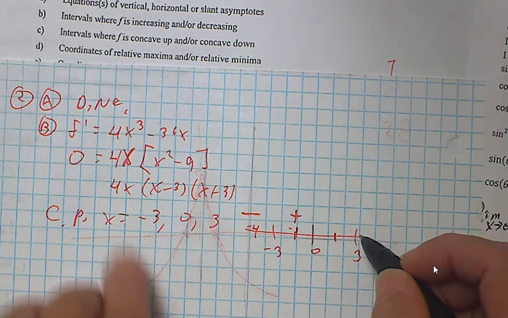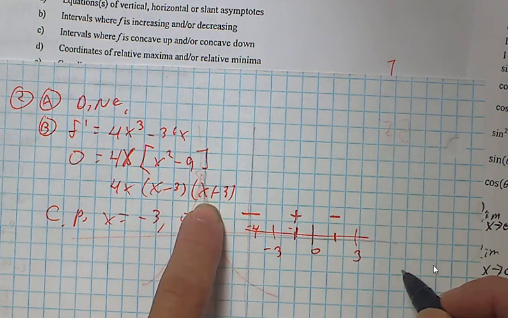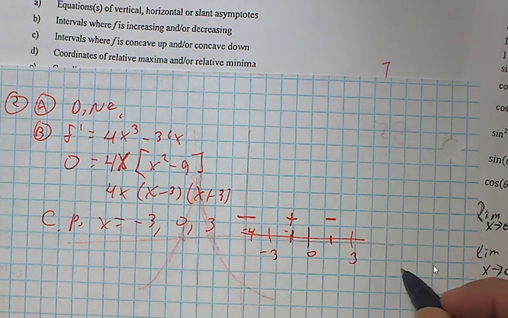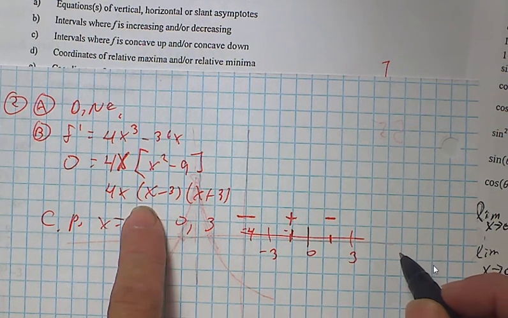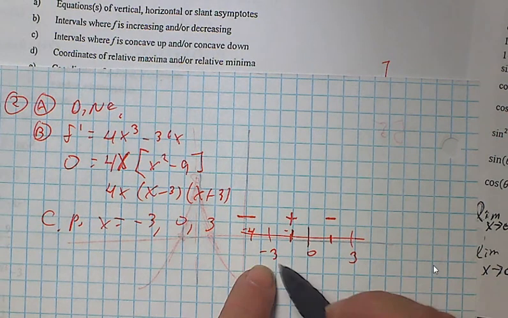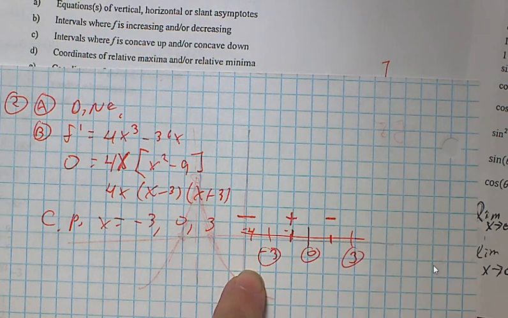I thought we were supposed to put the numbers, like the -3, 0, and 3 on the line. I thought we were supposed to put the critical point numbers on the line. These are my critical points down here. You can do it however you want to.